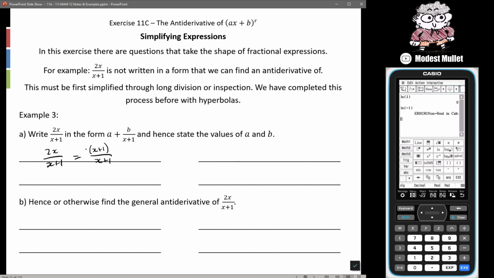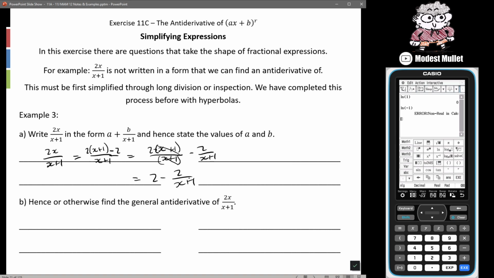Well, clearly we need to put a 2 in the front because we need to get the 2x, but when we expand this we'd get 2 times 1, so we then also need to add a minus 2 on the end, and we now split that out. We now get 2x plus 1 on x plus 1 minus 2 on x plus 1. The x plus 1 top and bottom cancel, so we are left with 2 minus 2 on x plus 1.